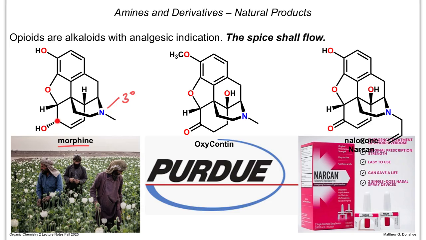This secondary alcohol has been oxidized now to a ketone, and then that double bond has been reduced. So the skeleton is still there, but with a couple functional group modifications. There's this synthetic analgesic OxyContin.